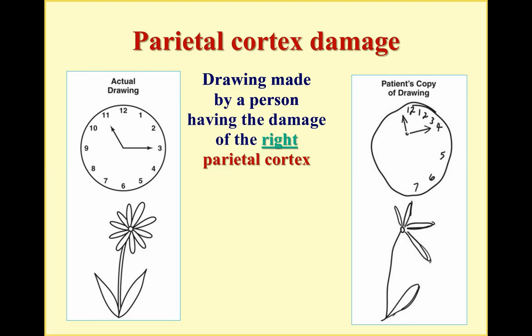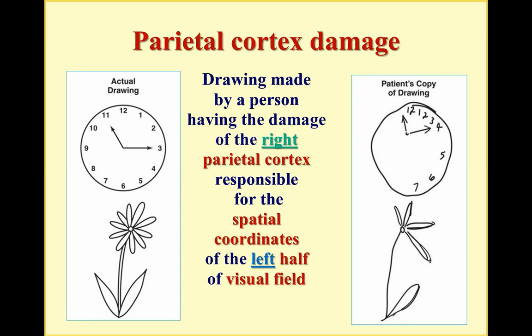And here it corresponds to the right parietal cortex damage, because the left half of visual field, as you can see, looks entirely not normal, not well copied from the original. You see there are no indications of hours, and the flower is not finished on this side, while the right side is more or less pretty acceptable. So this is the right parietal cortex damage.